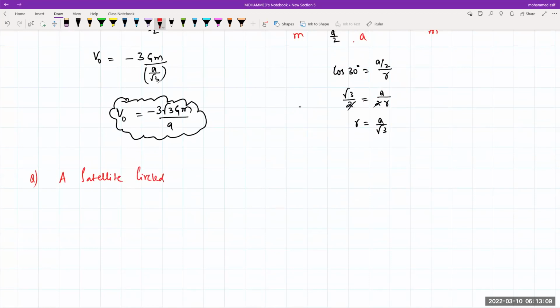A satellite circles around the Earth at a distance of 3,400 kilometers.